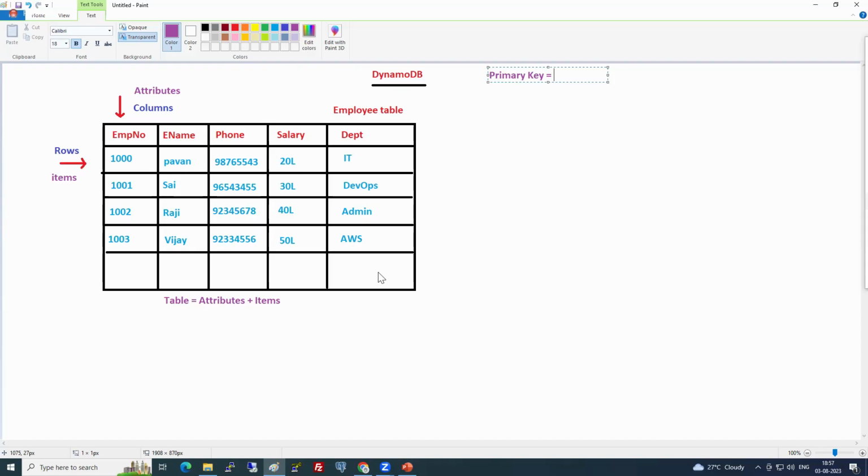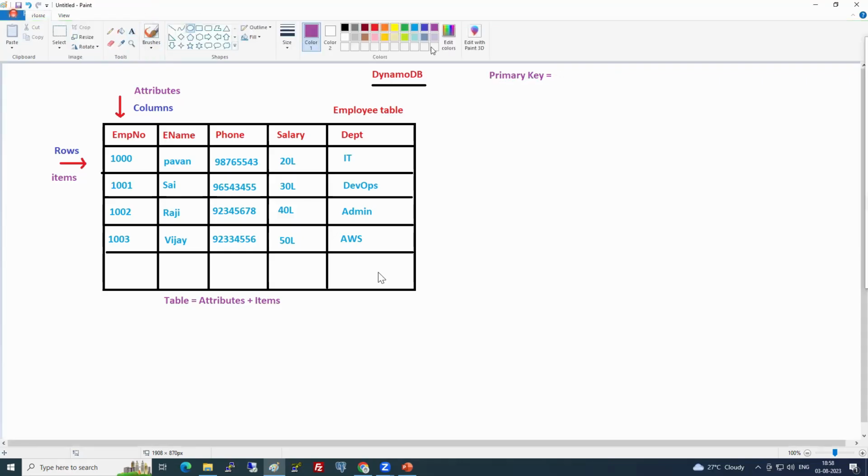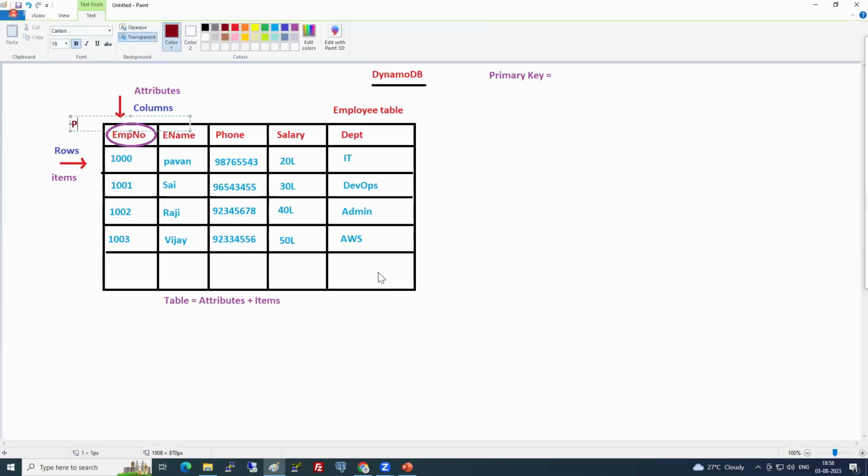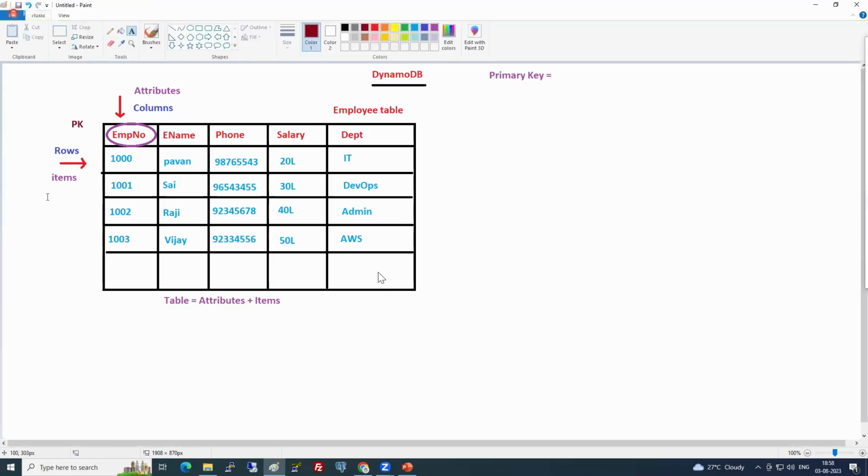Based on these column names, which one is unique and can be a primary key? Employee number can be a primary key. So can I call it PK? Not Pawan Kalyan, right, PK, primary key.